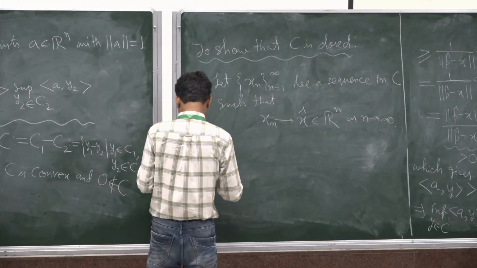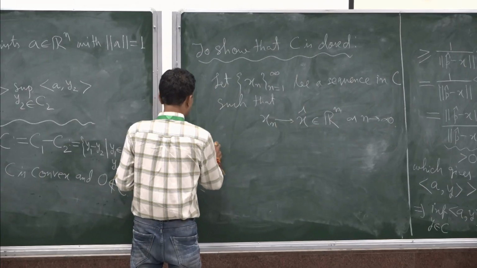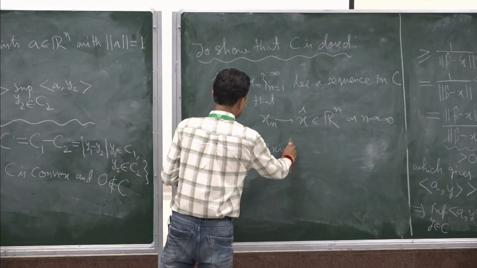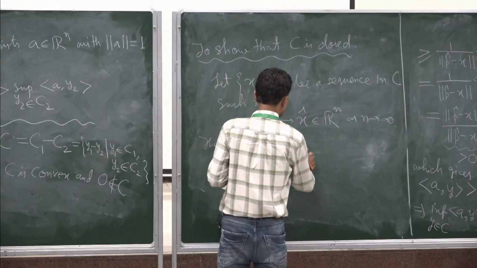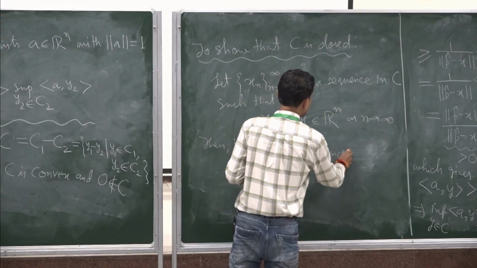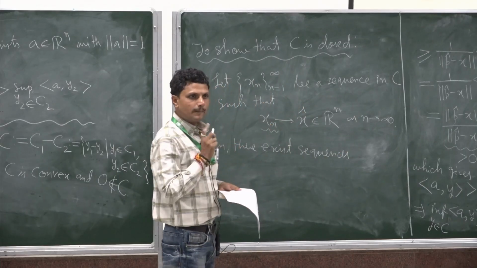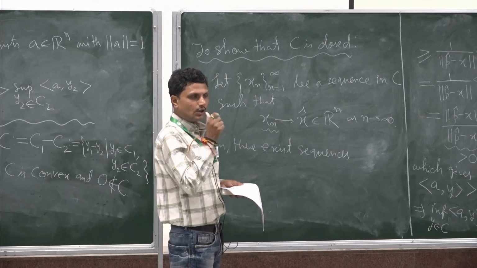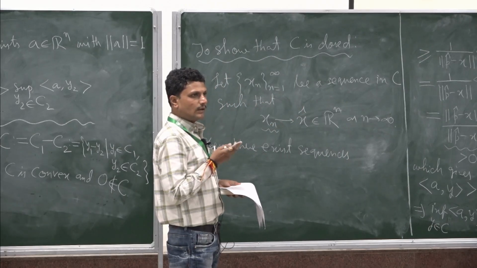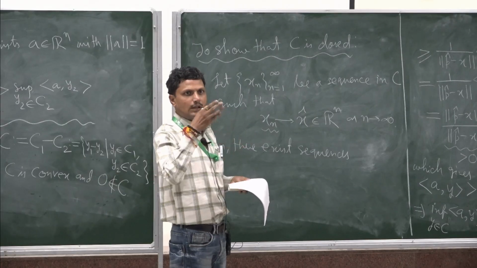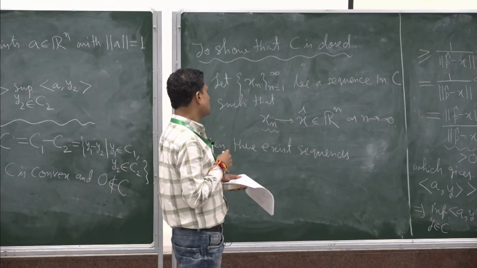Then there exist sequences. See, xn is a sequence in C. It means the structure of xn will be the difference of one element from C1 and another element from C2.